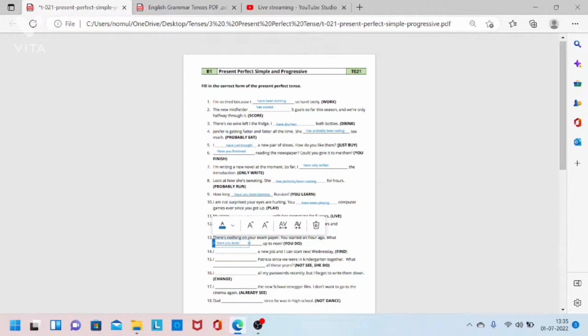Okay, do becomes doing. So this is correct. Have you been doing? Sometimes in the sentences we have seen that the subject and the auxiliary verbs change, right? This is the same sentence.